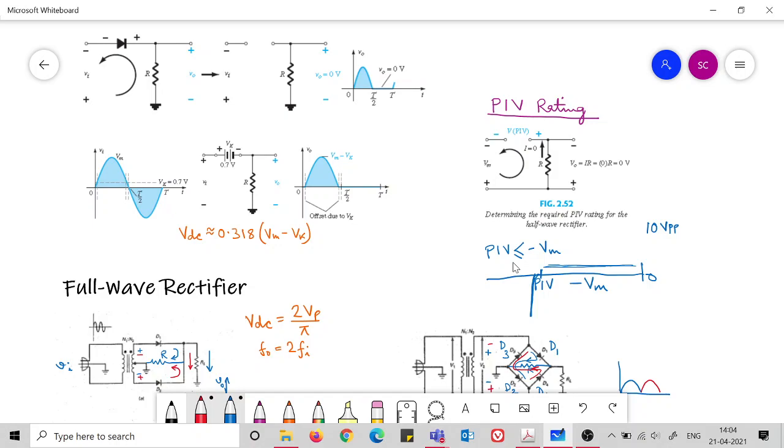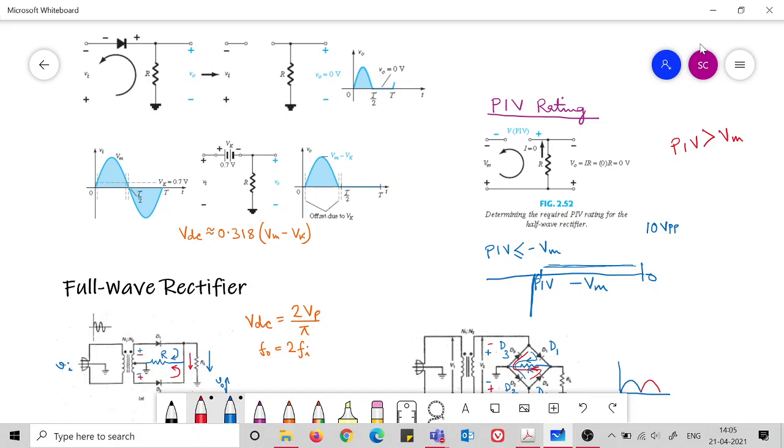Okay, and in your data sheet and in any other case, if we write in this manner that PIV is greater than Vm, this directly has the meaning that we are talking about the magnitude. However, if you want to be very precise, this inverse voltage is actually a negative voltage. So it is a minus Vm, and hence PIV, that value should be less than minus Vm.